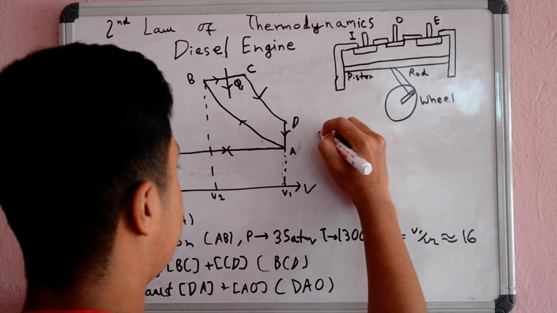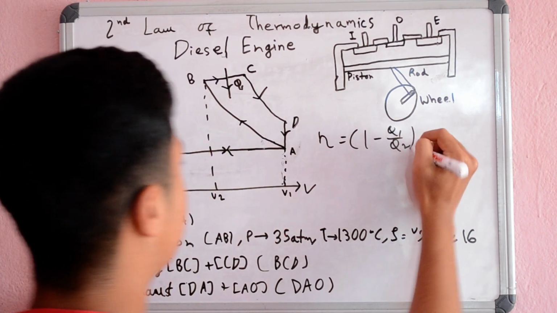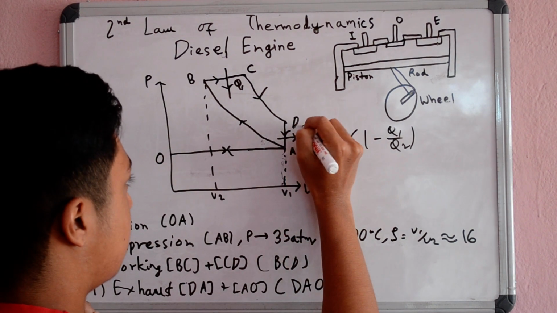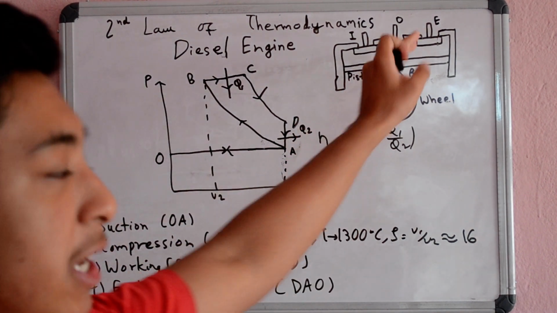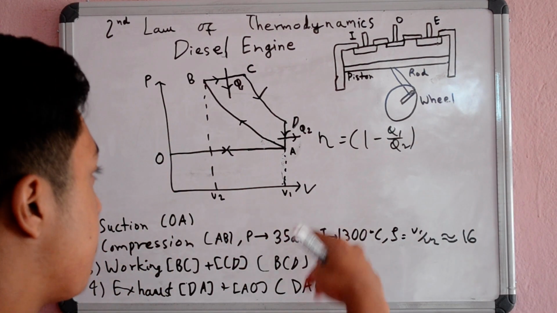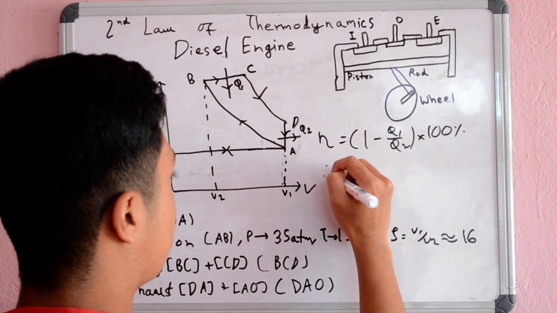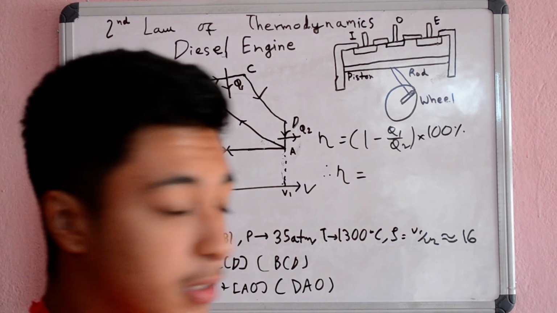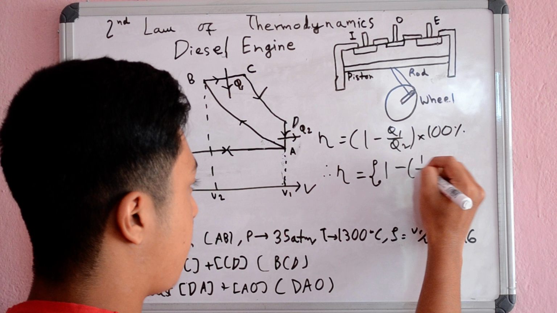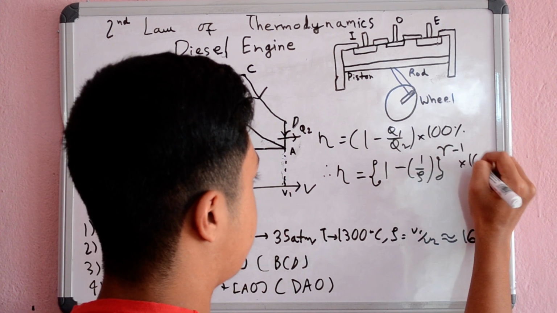So here the efficiency is given by 1 minus Q2 by Q1, into 100%. Here also heat is released, it loses heat Q2, because the exhaust valve opens and the working substance is released. And because of some derivation formulas that we don't need, this becomes 1 minus 1 by the compression ratio to the power gamma minus 1, into 100%.